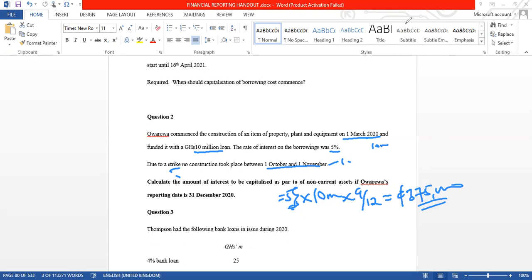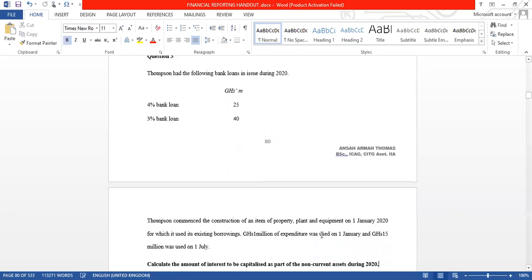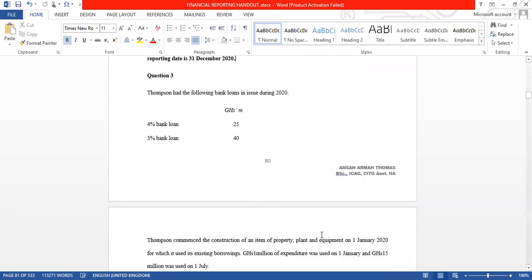Let's, is there another question perhaps? Question 3. So Thompson had the following bank loan. So we have 2 loans.